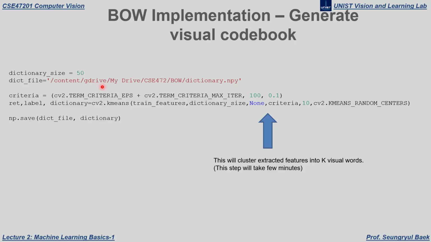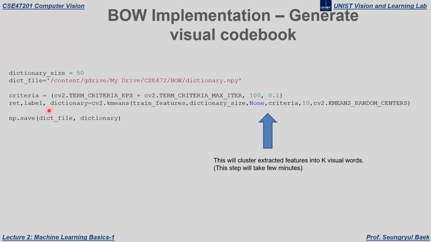If the clustering converges, the centroid is not moving much. So this is the threshold: if the centroid is not changing by this amount, then you stop the clustering. You will also use random initialization of the centroids, okay.